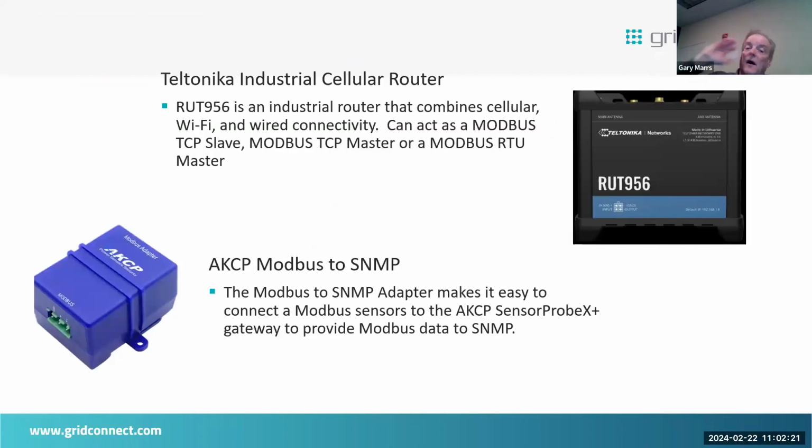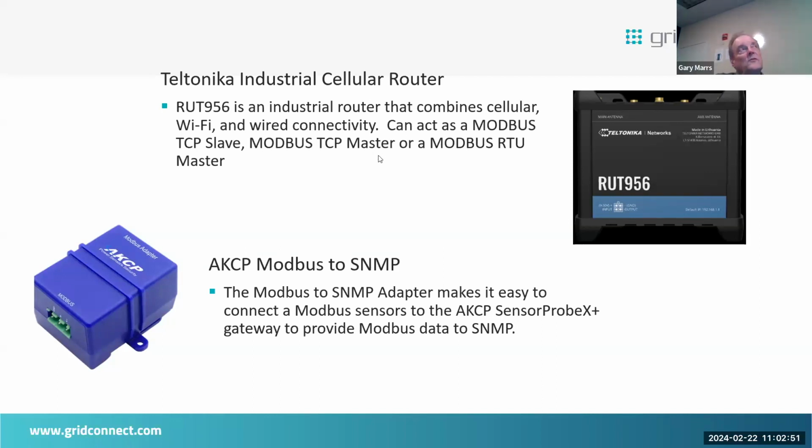Here's a couple more. Teltonika sells a cellular router with a Modbus interface. The cellular router combines cellular with Wi-Fi and wired Ethernet connectivity. So it can act as a Modbus TCP slave. It could be a Modbus TCP master, or it could be a Modbus RTU master.